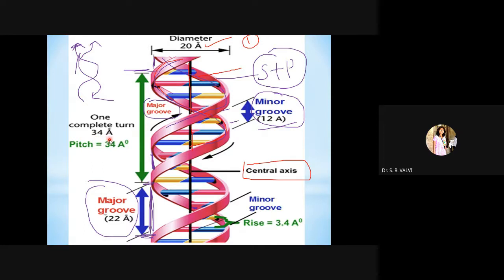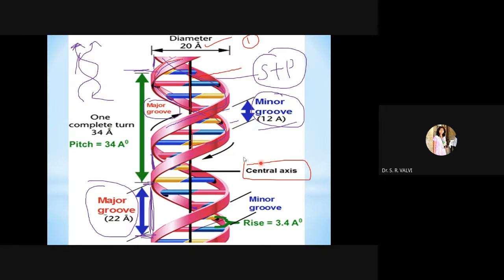Or we can say in nanometer it is 3.4 nanometer, the length of one turn of DNA, right? So a complete one turn has a minor groove of 12 angstrom, a major groove of 22 angstrom, and the complete length of this turn of DNA is 34 angstrom, right?